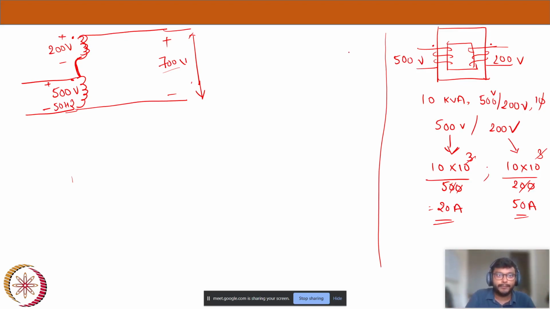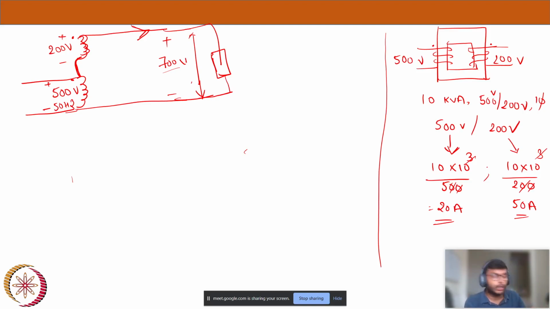Let's say I have connected a load here, and whenever I connect a load, current will flow. Now I want to know how much current this load draws.